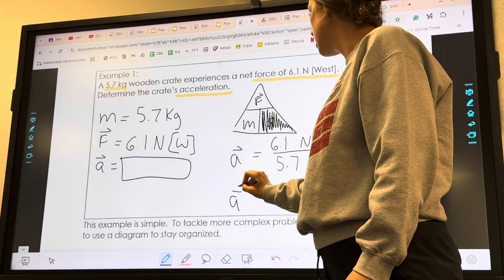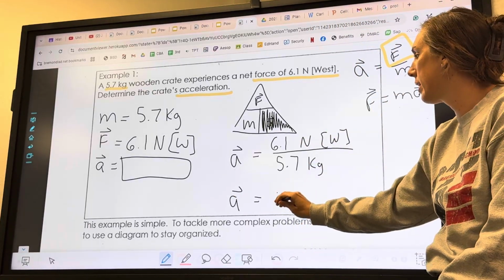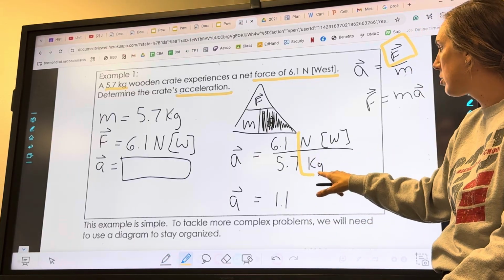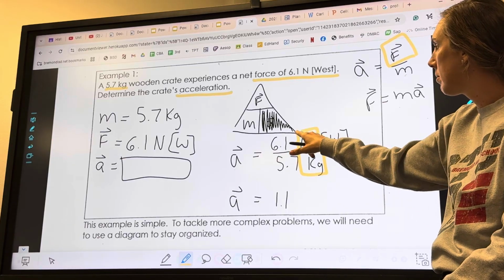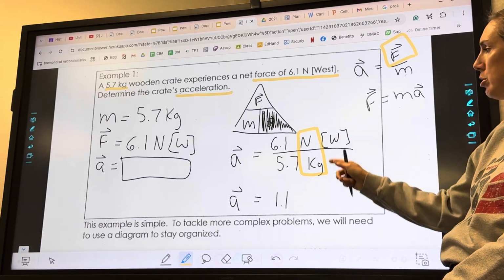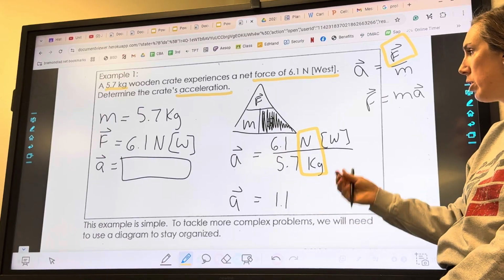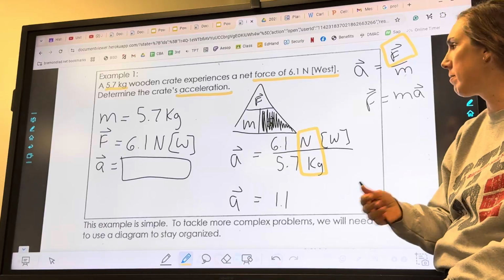My acceleration equals. Okay, when I do 6.1 divided by 5.7, I get 1.1, okay? Now, here are the units that I was talking about before. Newtons per kilogram. If you would put acceleration as 1.1 Newton per kilogram west, you're not technically wrong, but there's a conversion.